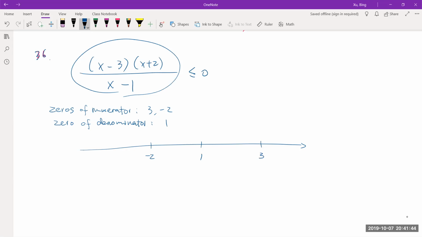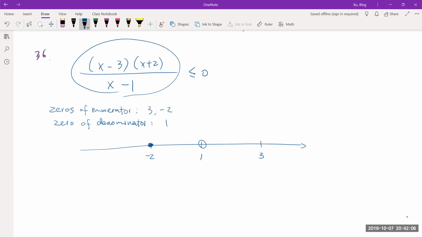So first, let's decide if any of these 3 points will be part of the solution. -2, is it part of the solution? Yes. 1?